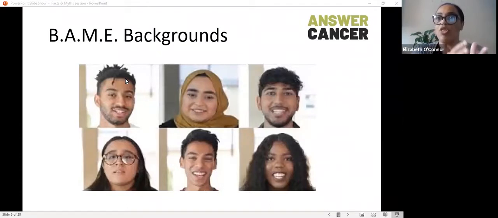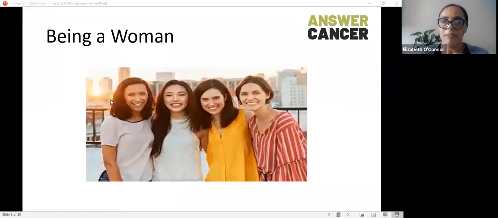So it means those smaller cancers are then able to grow into bigger cancers, and again that affects treatment outcomes. So unfortunately, people from Black, Asian and minority ethnic backgrounds are more likely to get cancer and have worse health outcomes from cancer.